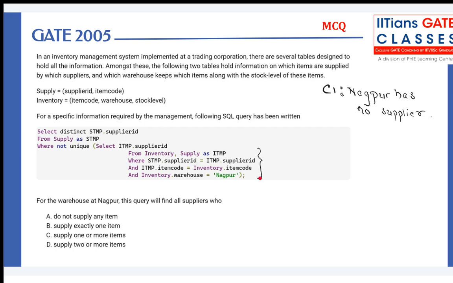The inner query selects the inventory warehouse as Nagpur. So what would have been the inner query result? Fine, very good. So this thing would have been false. So you would not return any row if that was the case. Let's say there is a case 2 where Nagpur has only one supplier.